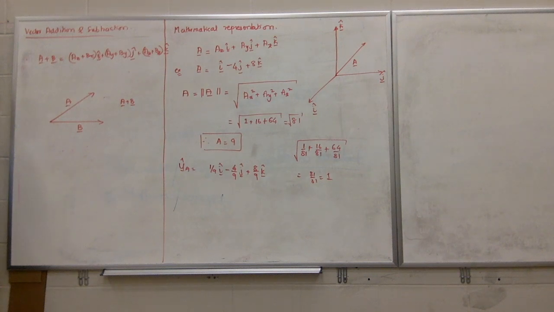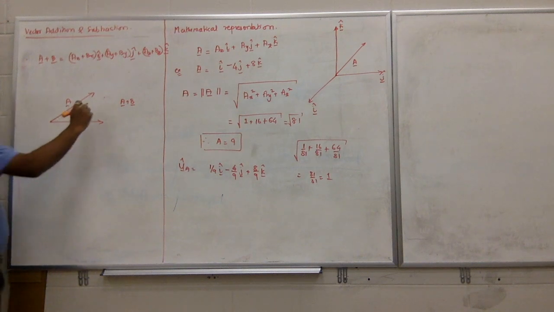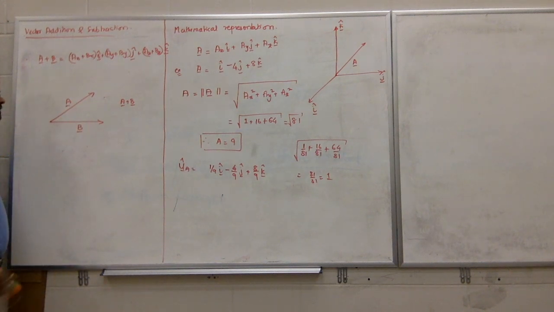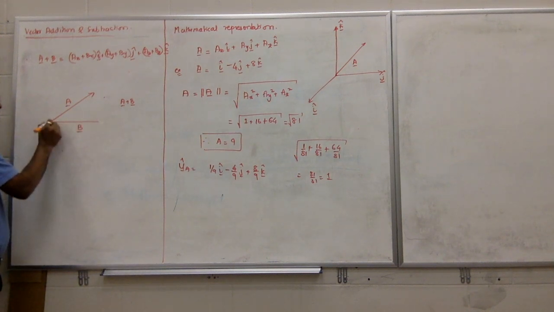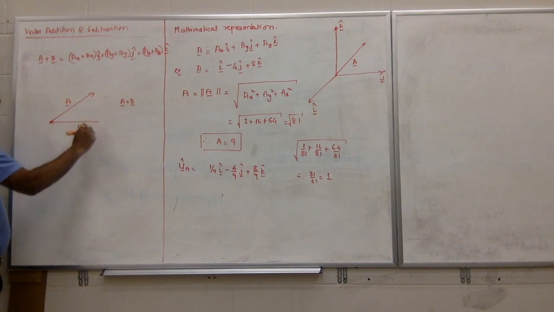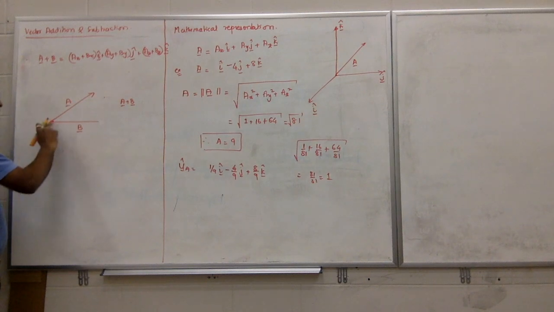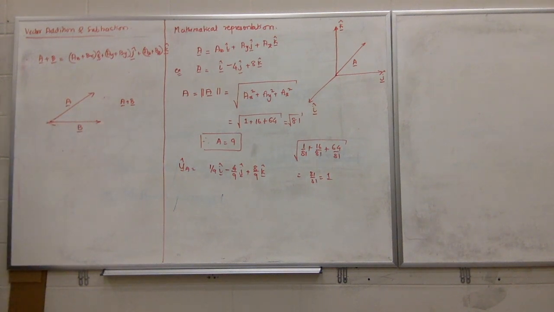It'd be this part. Here, what you need to understand is the tail of the first vector and the head of the second vector need to be added.